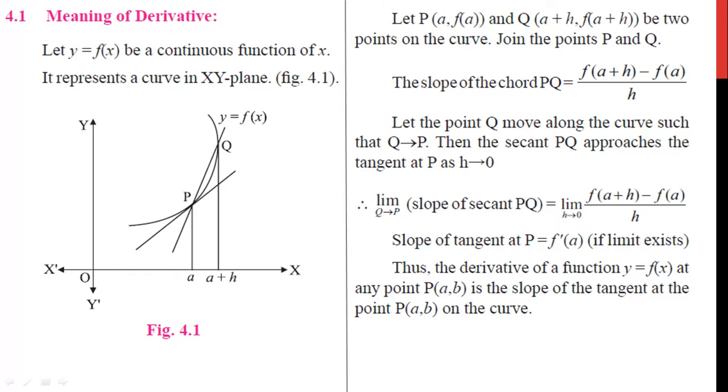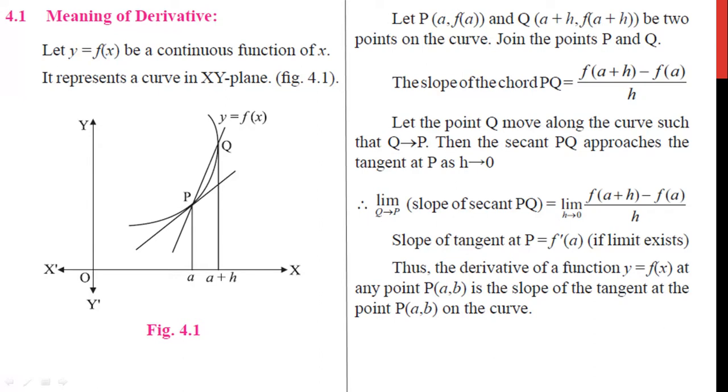If you know the 2 points, then slope is equal to y2 minus y1 upon x2 minus x1, means difference between y coordinates upon difference between x coordinates. So the slope of the chord PQ here in this case will be f of a plus h minus f of a upon h. So that's why it is given here.